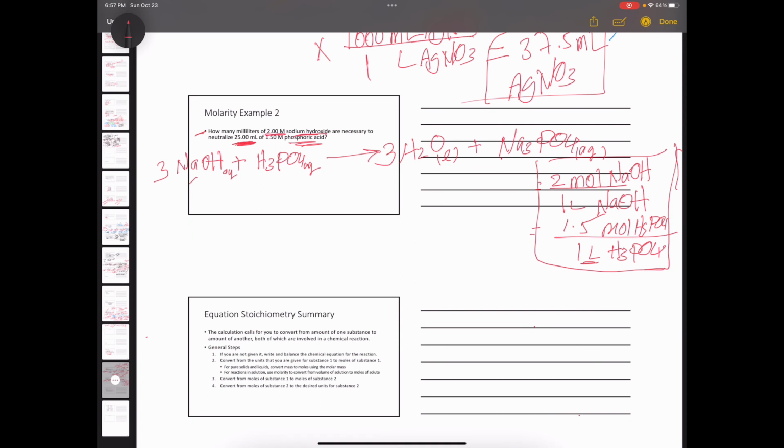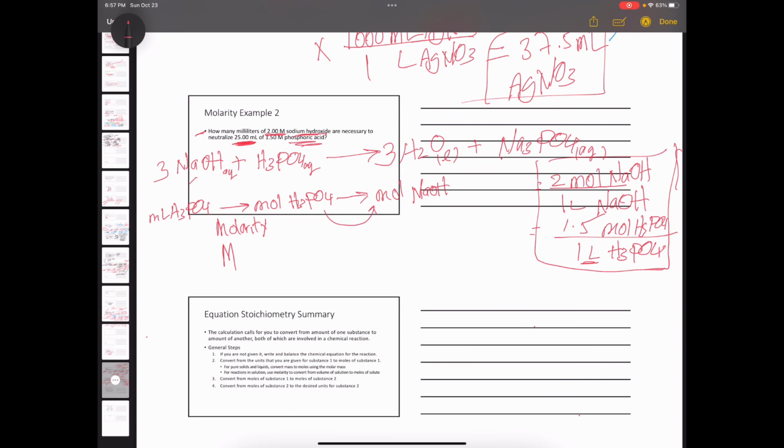So what is our plan here? We are starting with milliliters of phosphoric acid. We're going to convert that into moles of phosphoric acid using the conversion factor from the molarity, big M, and then convert the moles of phosphoric acid into moles of NaOH.